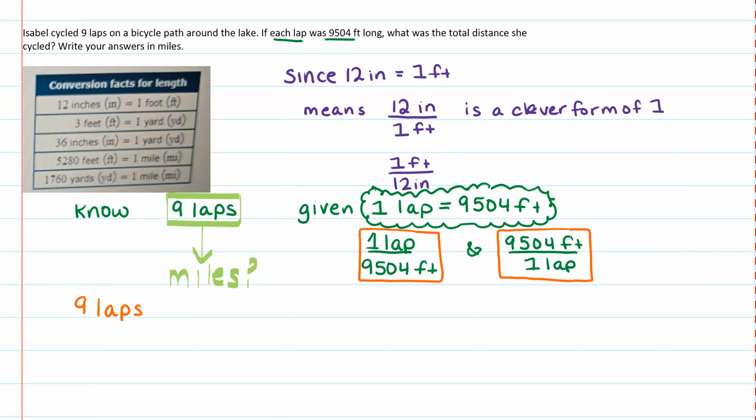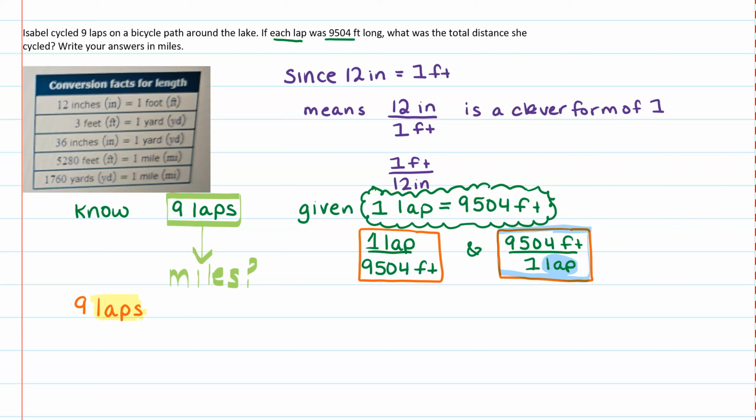Here I've got laps on top of a fraction. So if I want laps to cancel out, I'm going to have to use laps on bottom. So I'm going to use this conversion fact that I'm circling in blue right now, 9,504 feet per 1 lap.